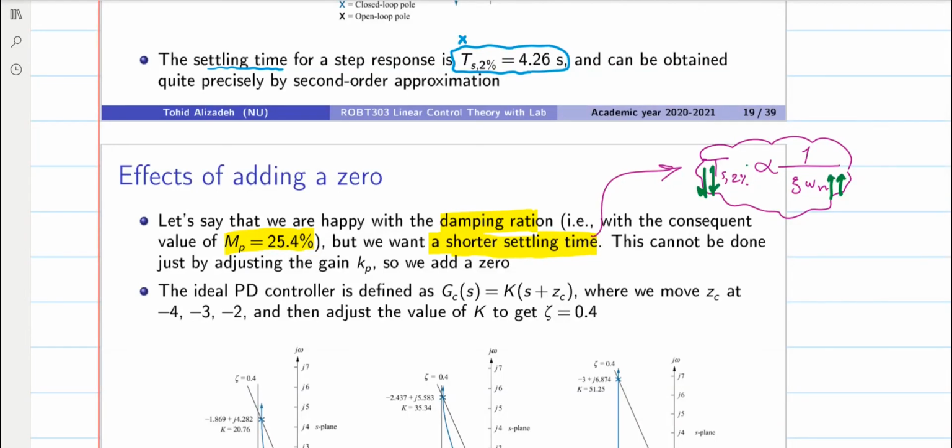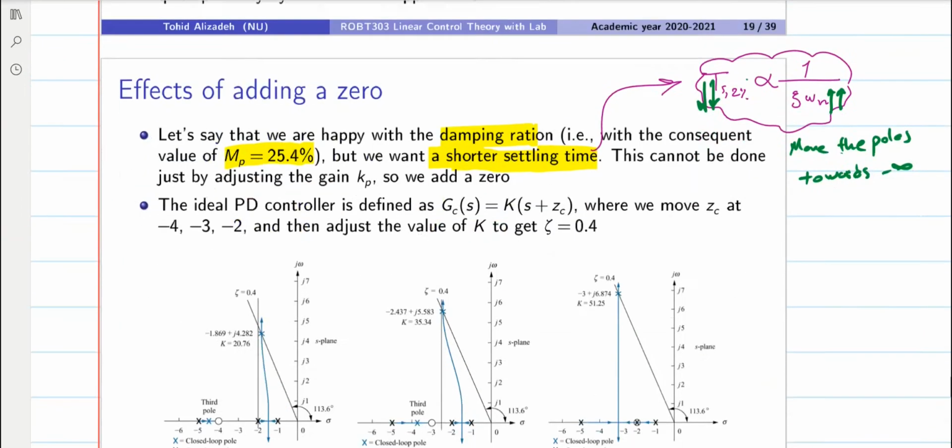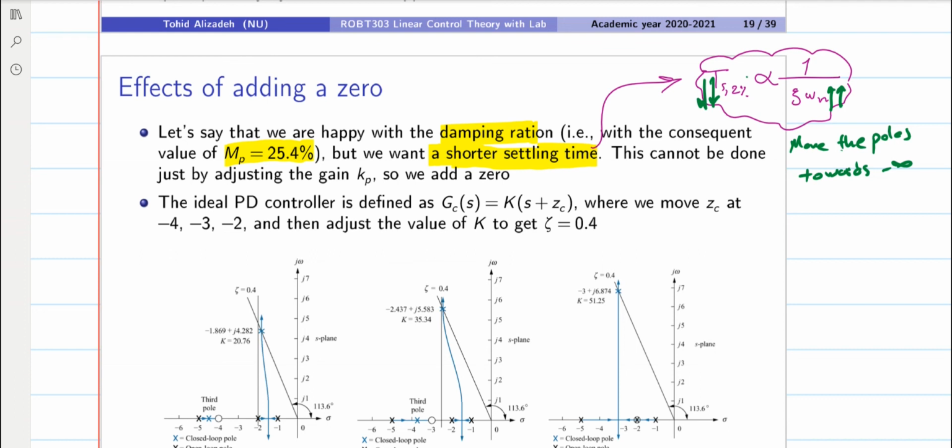And increasing zeta omega n means that we need to move the dominant poles of the closed loop system more towards -infinity. So we need to shift the position of the closed loop poles of the system towards -infinity.